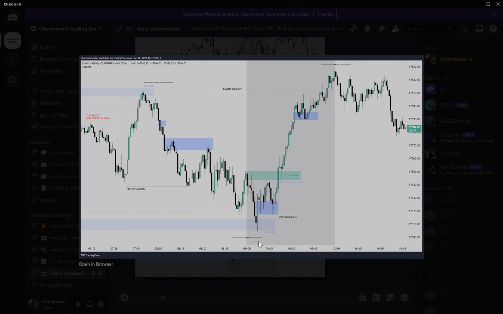What happened during that macro, and does that align with the bias I already have established on the daily chart? Number two, fair value gaps. Three, order blocks. If we have a fair value gap form during a macro, or an order block form during a macro, does that support price and does that align with my bias? So we'll break down some charts here and go over some examples so you can see what I mean.